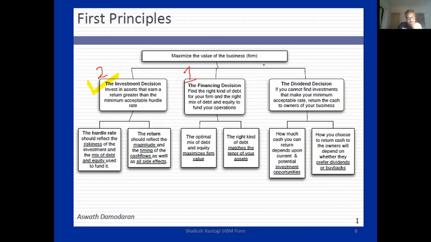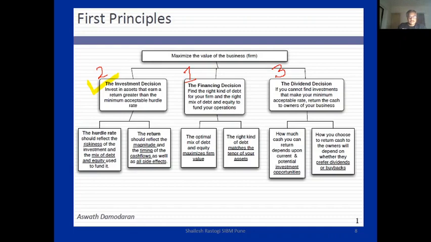If you exclude the cost from the sales, whatever you get can be termed as profit. From the profit, part is given to the shareholders or the owners of the company. That is known as dividend distribution decisions. These are the three principles or decisions of financial management.